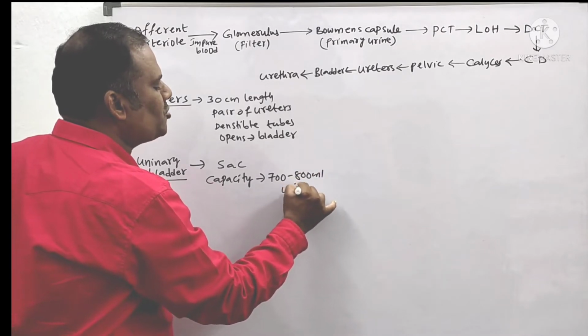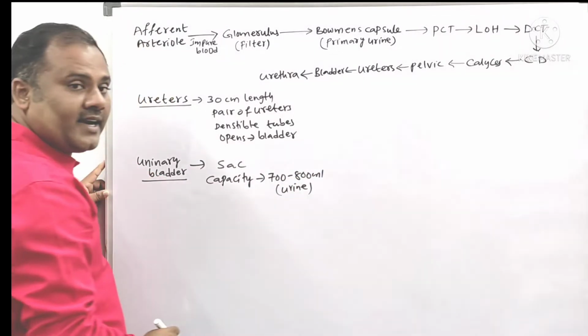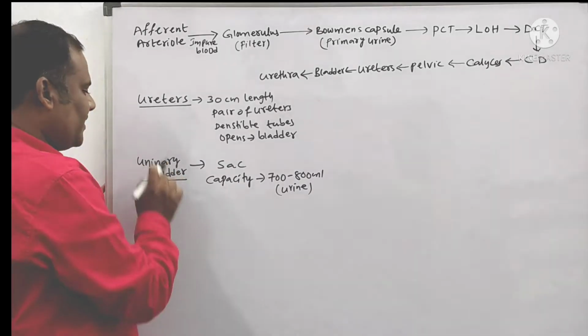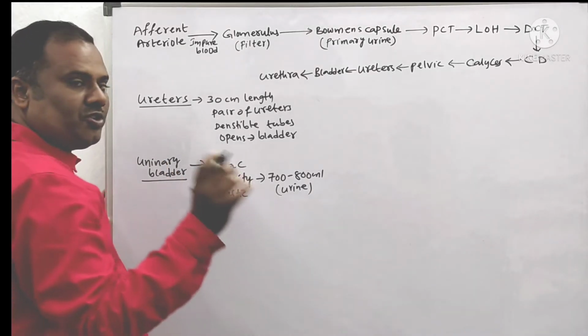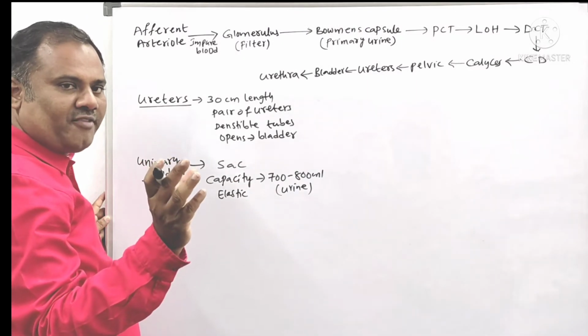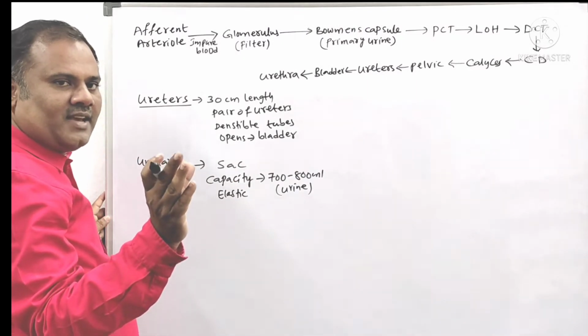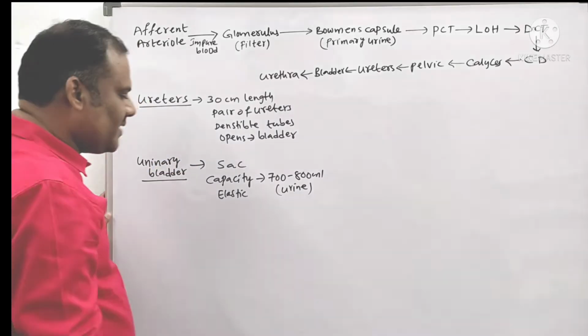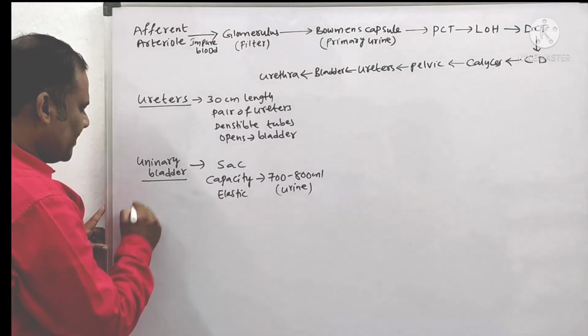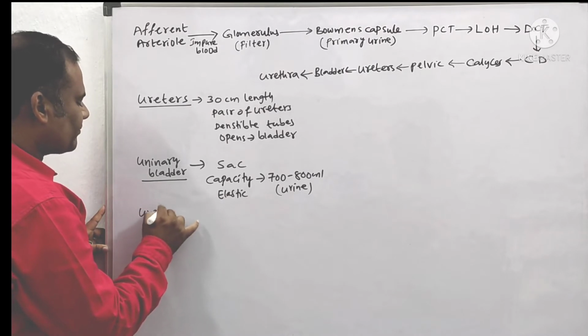It is elastic in nature, so it can increase its size when the pressure of urine is more. When the quantity and pressure of urine are less, the size of the sac decreases. Next one is the urethra.